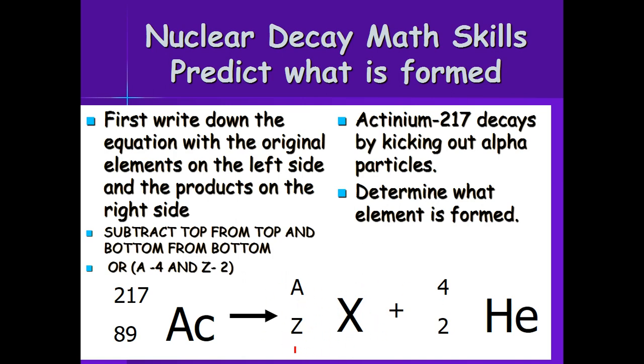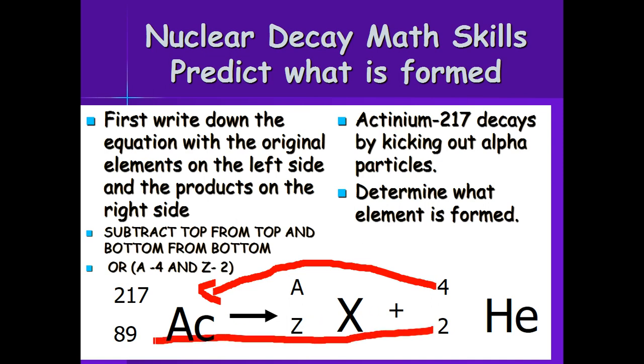So this is simply symbols that represent, I don't know what this is. It can be blank. In this particular case, on the other side of my reaction here, I'm going to be getting a helium. So if I were to subtract 4 away from 217, and subtract 2 away from 89, so 89, 88, 87.